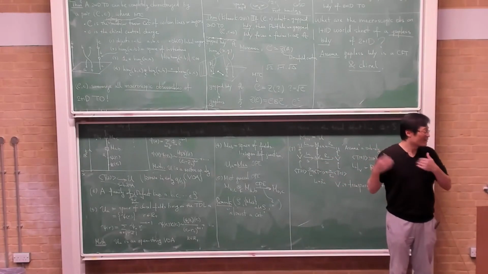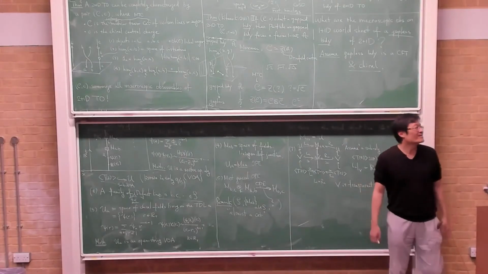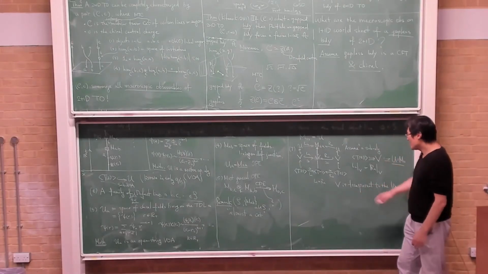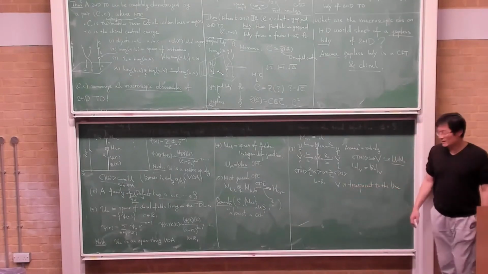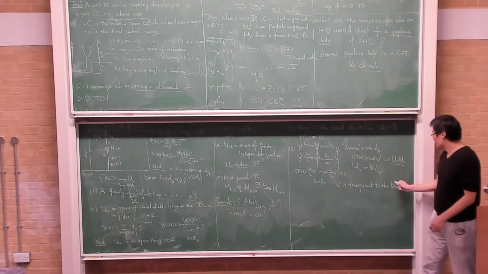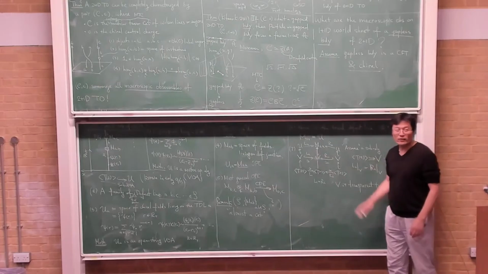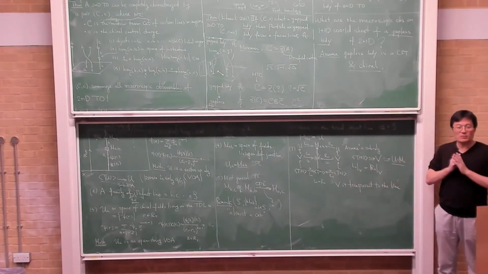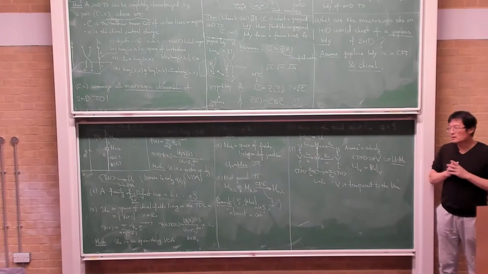Later we're going to do that. Otherwise we cannot proceed. All right, V is transparent to the line. That's the meaning of that. But this heuristic statement is useful for us. Can I proceed now? Or questions? Feel free to ask questions. I really want people to understand this.